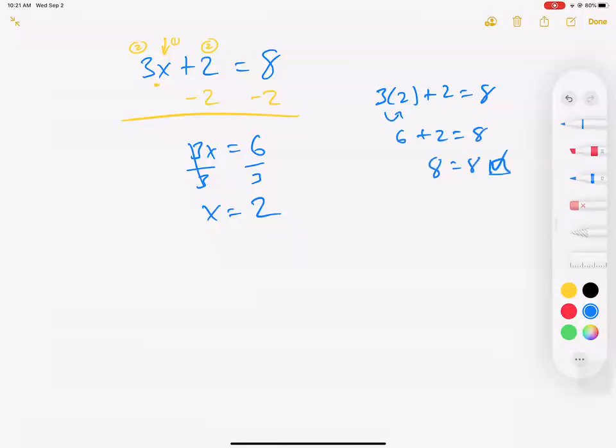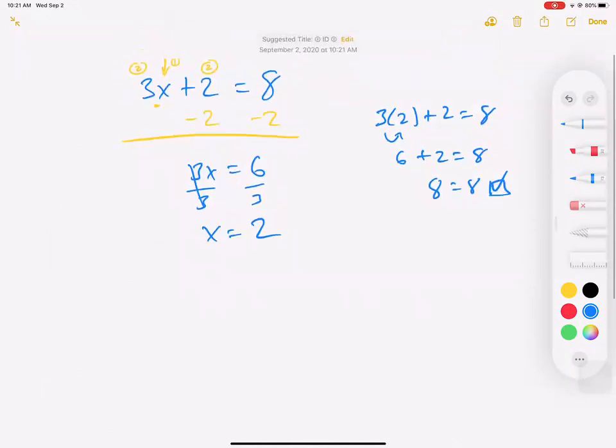Now, we ended up doing more problems when it came to variables on both sides. So if we end up with something like 3x plus 5 is equal to 4x minus 6.